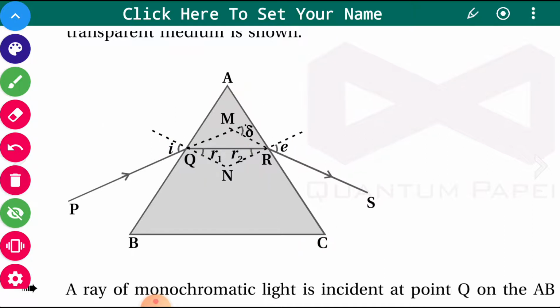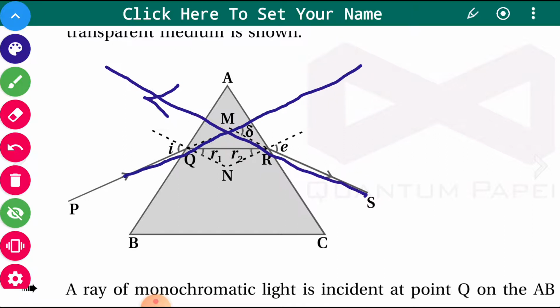Now try to understand, if this emergent ray is extended in the backward direction, and this incident ray is extended in the forward direction, then there is an angle between this incident ray and this emergent ray. You can see this angle.